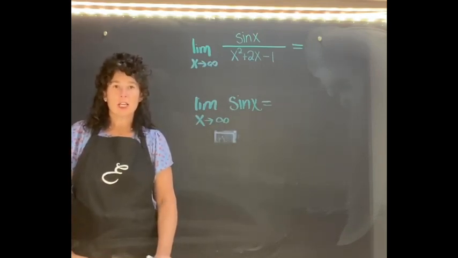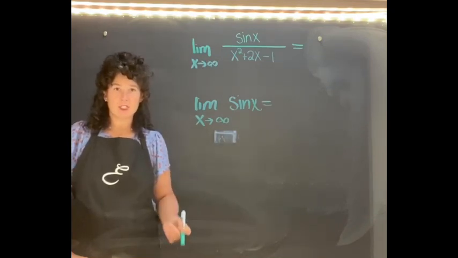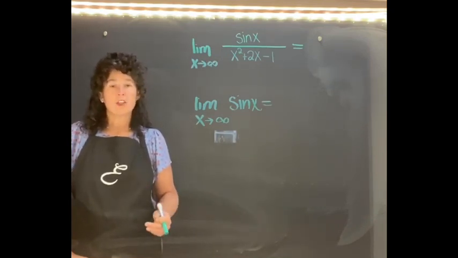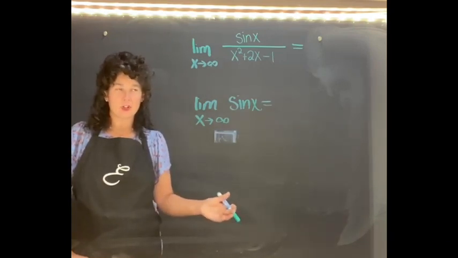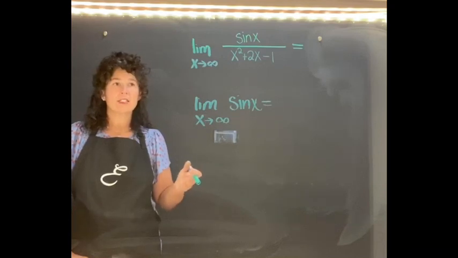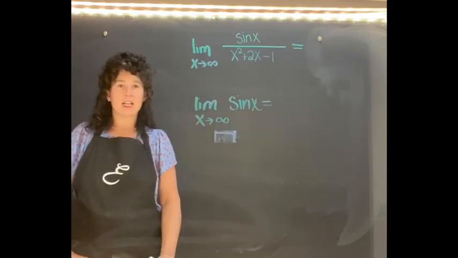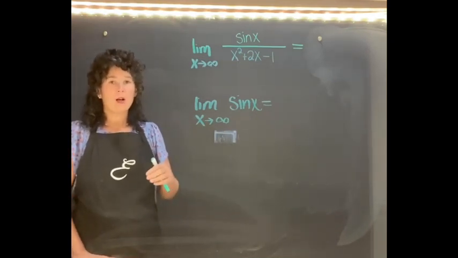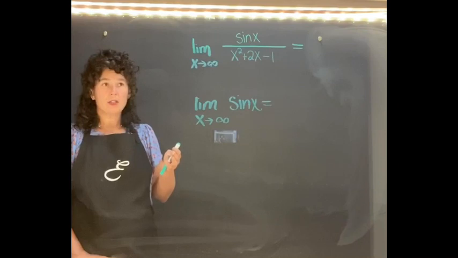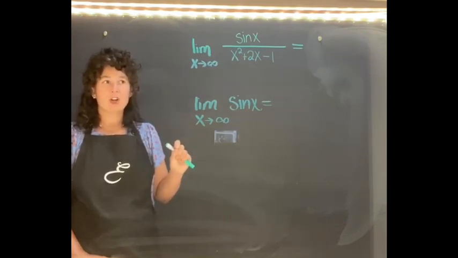So our overall answer is going to be changing from positive to negative and positive to negative. But the overall answer, the absolute value of that answer, the numerator, since no matter how big of a number I plug in to sine of x, my answer can't be outside of -1 to 1. So the absolute value of that, my answers are going to be very small.